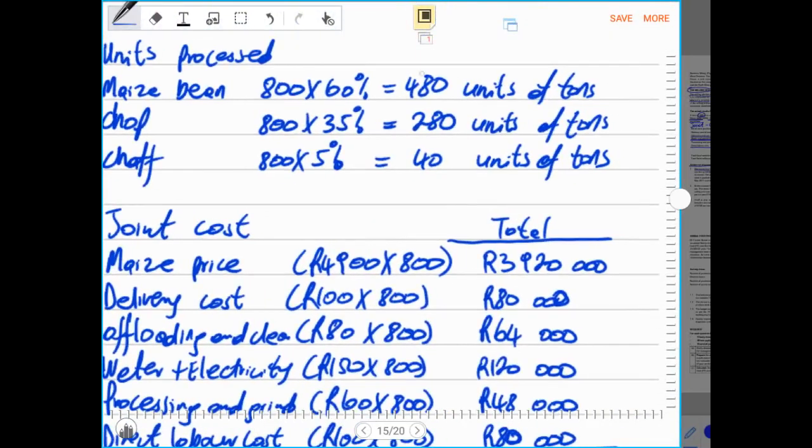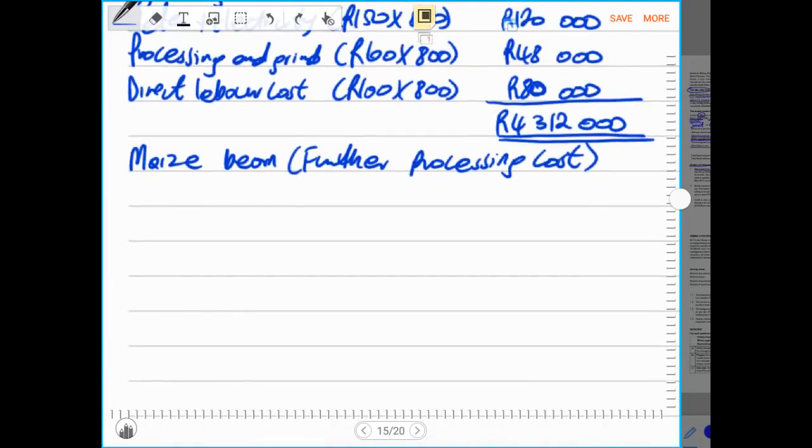Remember, when we calculated the number of units, we identified that we processed 480 units of the maize bean. So now when we're calculating further processing cost, which is the grinding part of the maize bean, we multiply by the number of units that were processed. Therefore now we have what we call grinding.